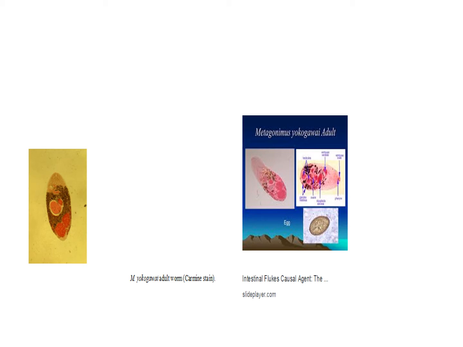On the left, the adult worm stained with the carmine stain, whereas at the right side of the slide we can see the adult stained, and also the egg, two stages: up is the adult worm and beneath it the egg stage. Other slide.